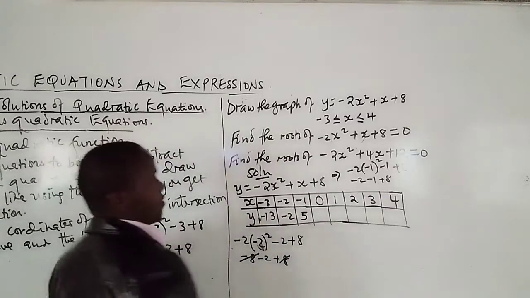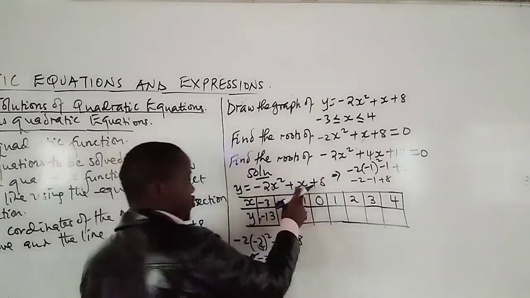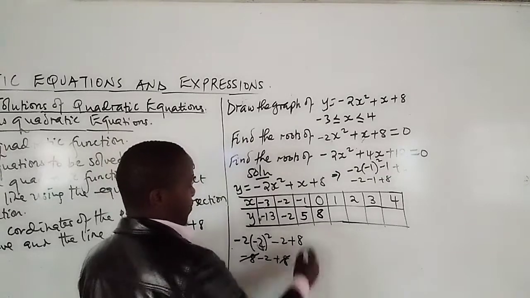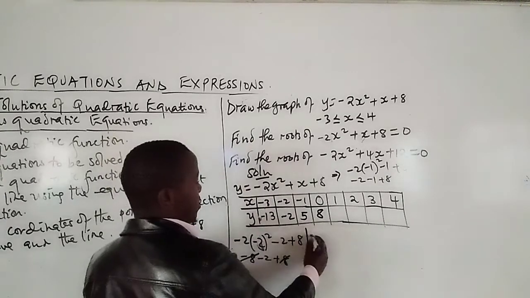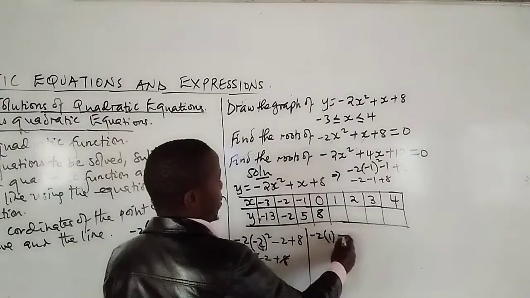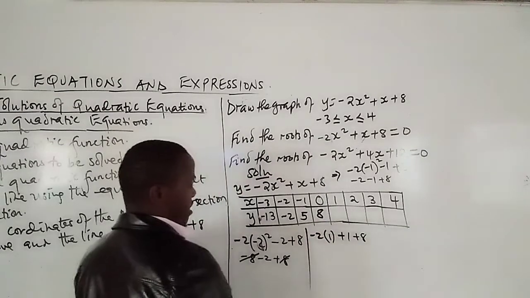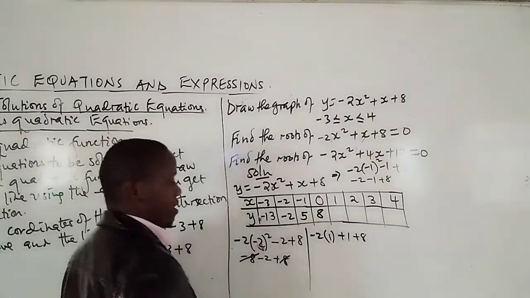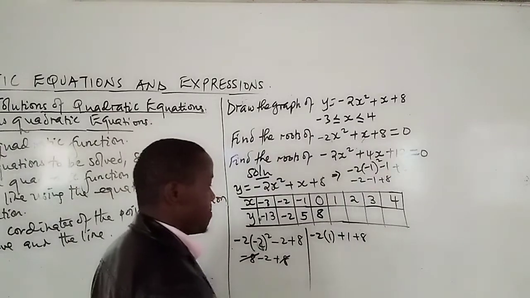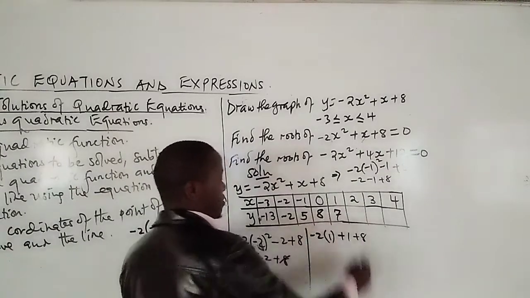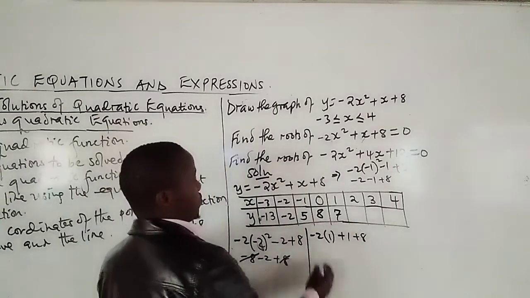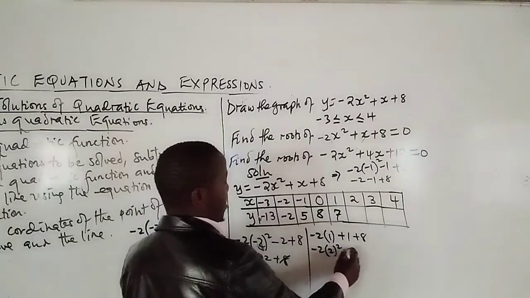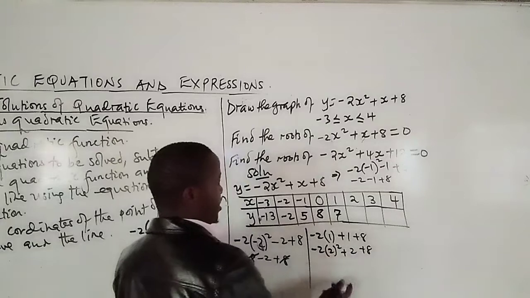Then when x is 0, we will have this one becoming a 0, this one becoming a 0, positive 8. When x is 1, we will have negative 2 into 1 plus 1 plus 8. Therefore, this is negative 2 plus 1, we get negative 1, negative 1 plus 8, we get 7. When x is 2, we fix 2 here, so negative 2 into 2 squared plus 2 plus 8. This is a 10 already.